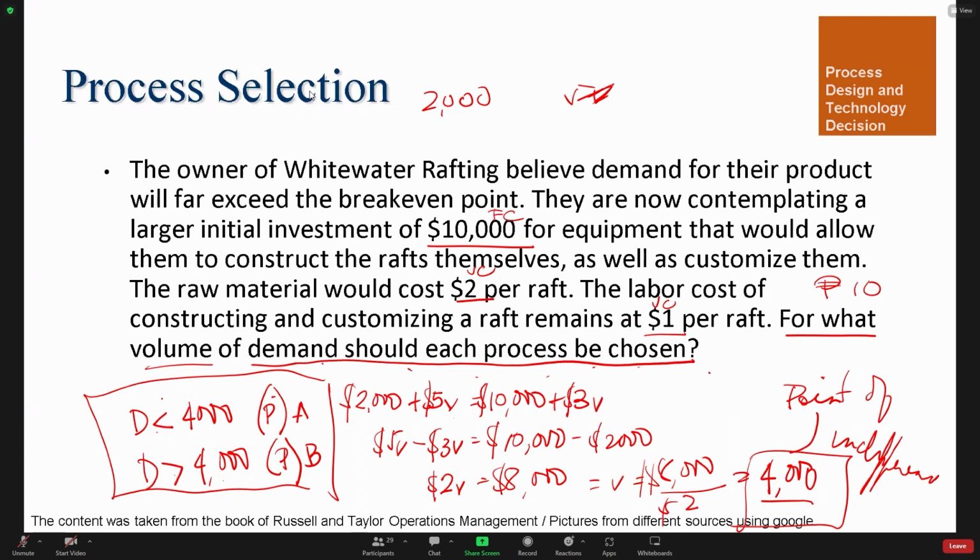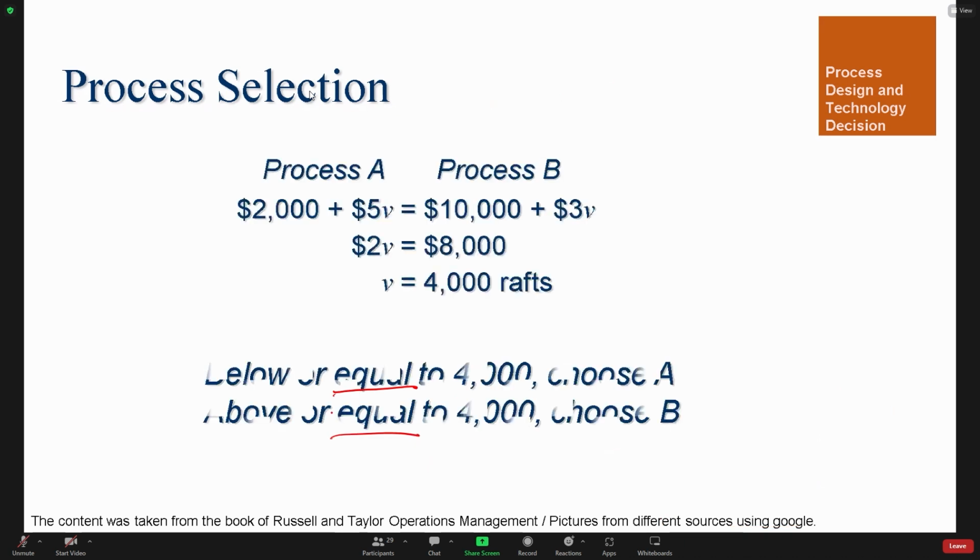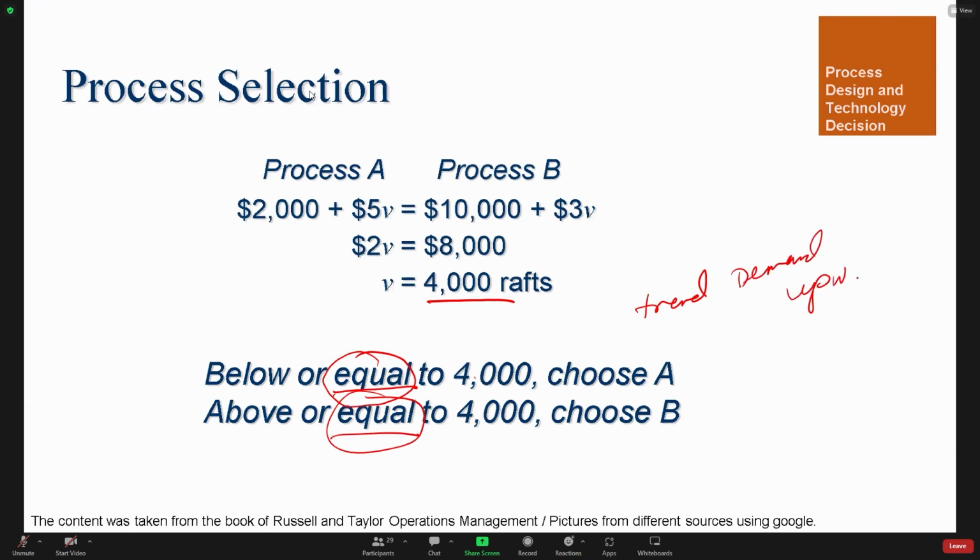Pero po, sa libro, ito yung nakasulat. Sir, bakit po may equal yung sagot? Okay. Below or equal to 4,000. What if ang sagot nyo eksaktong 4,000? Halimbawa lang. Kung ang trend ng demand ninyo is upward, kung equal to 4,000, then you choose what?